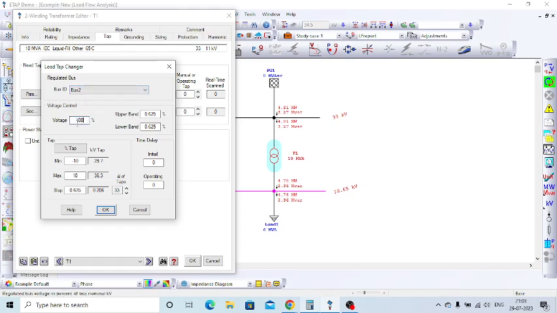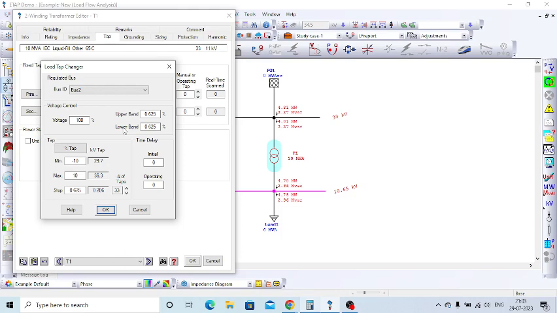Then voltage control: the voltage is 100 percentage, and here you can see the upper band and lower band. The upper band and lower band mean the percentage change of tap. For example, we have 10 taps, and the 0th tap is the nominal tap.